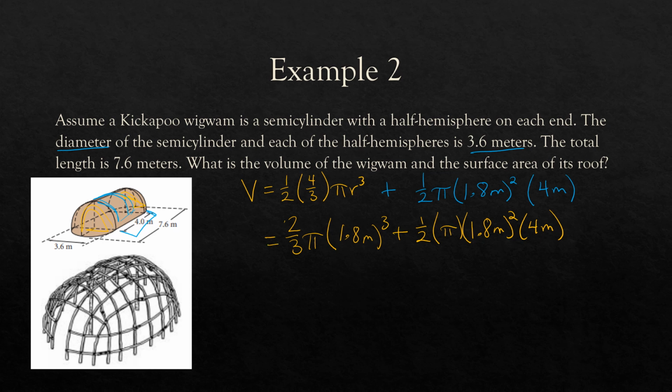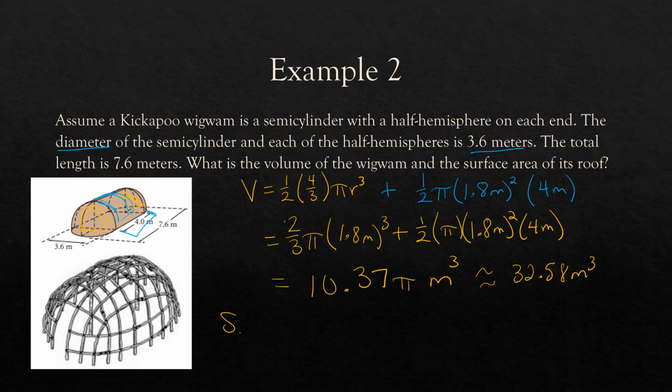All right, so when we do all of that math, you'll find that we're at about 10.37 pi meters cubed. When we multiply by pi, we get that it is approximately 32.58 meters cubed.